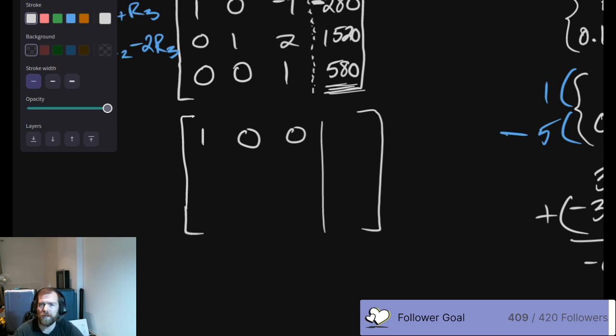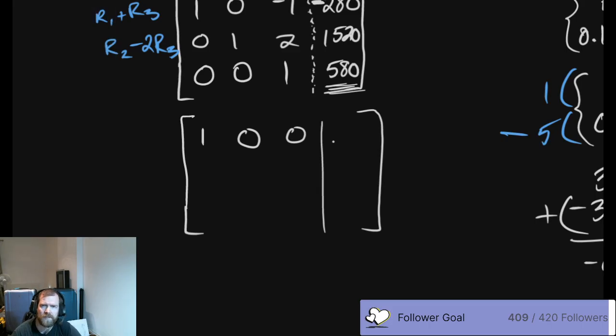Row 1 and row 3 is negative 280 plus 580 is going to be 300. What did I do? Nope, that's wrong. Hang on. Let's go back a step.